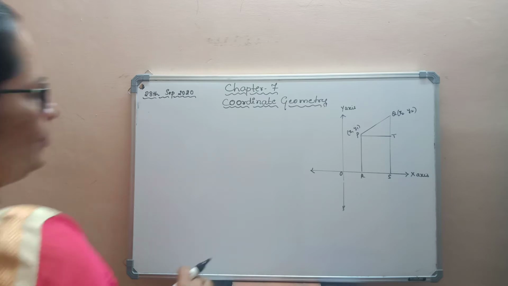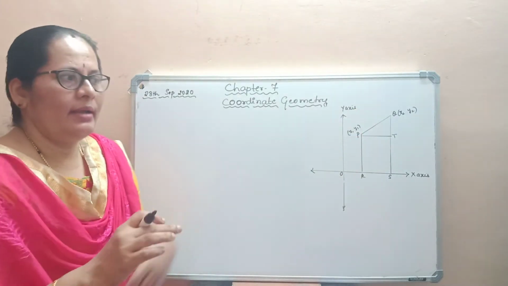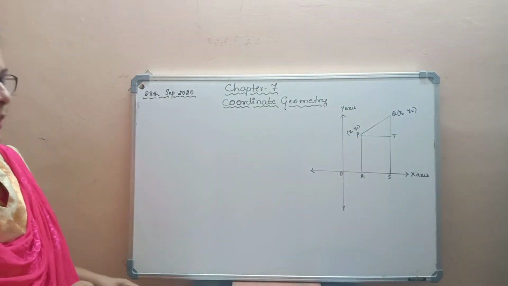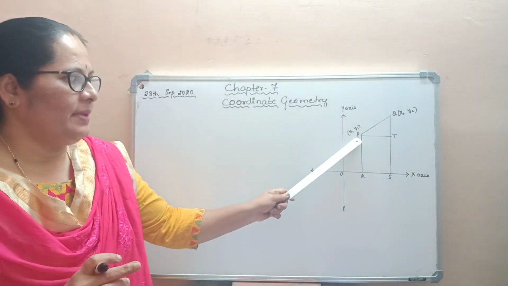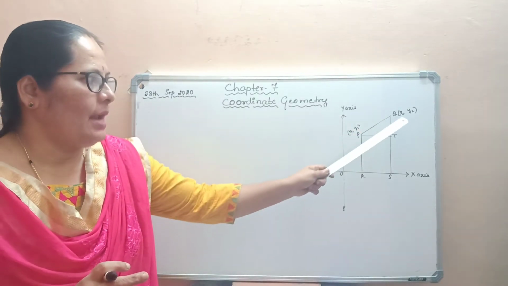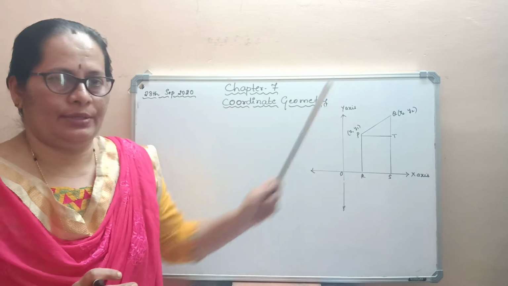Let us consider 2 points P and Q in a Cartesian plane. The coordinates of these 2 points are P is x1, y1 and Q is x2, y2.